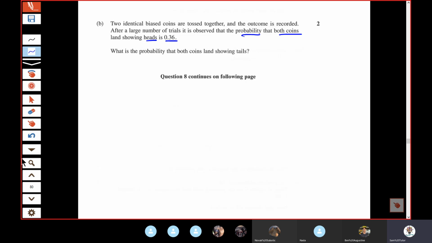Because if two heads is 0.36, you could also get heads and tails. So when you're saying 1 minus that, aren't you also saying that you could also get head, tails, tails, heads? You're on the right track. How'd you get 1 on 6 anyways? What did you do? What did you think about? Yeah, no, but 0.16 is 1 on 6.